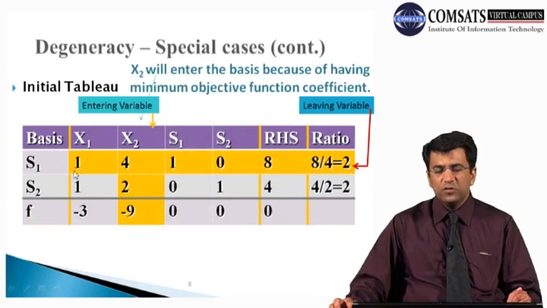This is the coefficient of x1, this is the coefficient of x2, this is the coefficient of s1 in the first equation. As there is no s2 in the first equation, we will put s2 equal to 0, and on the right hand side of the first equation we have the value 8, which we write in the right hand side column.